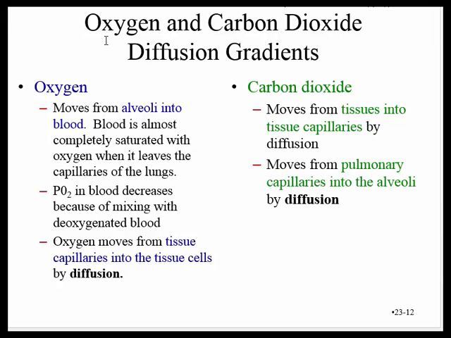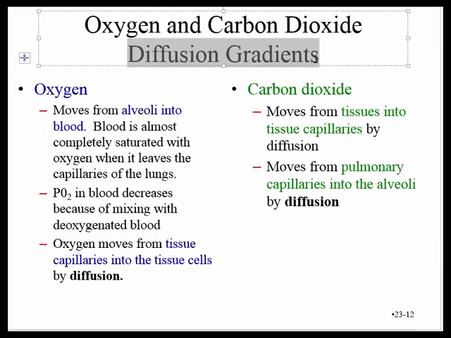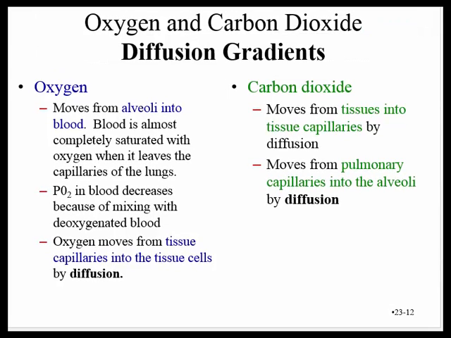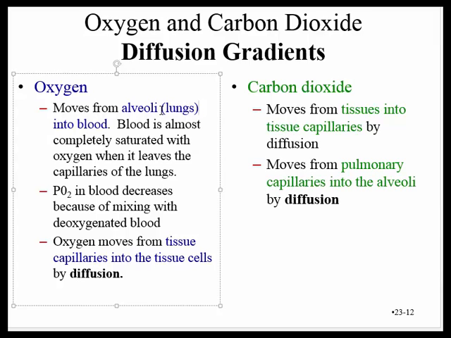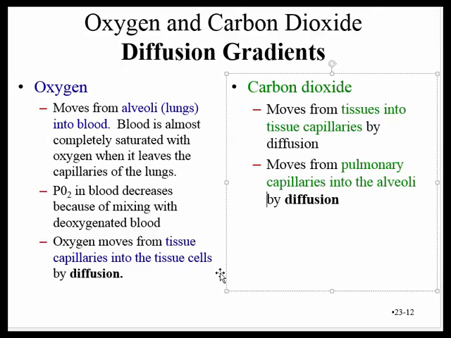So basically, we're looking at diffusion gradients. Anytime you have a gradient, we're dealing with a difference on one side of a membrane than the other. So oxygen is going to move from the alveoli, which is in the lungs, into the blood. And then basically, oxygen will move through the bloodstream.